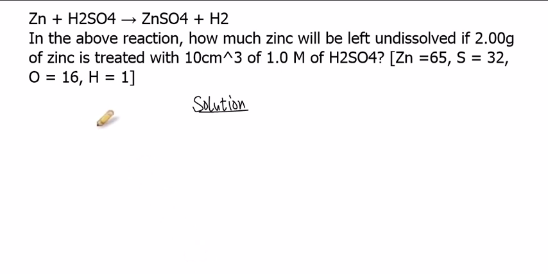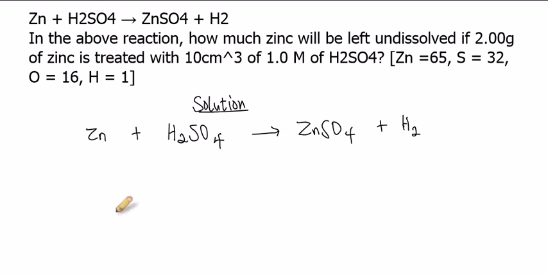So for the chemical equation, we have zinc plus tetraoxosulfate 6 acid to give zinc sulfate plus hydrogen.